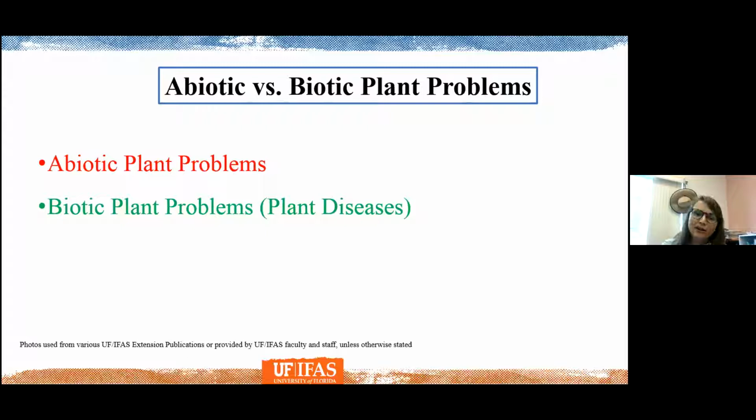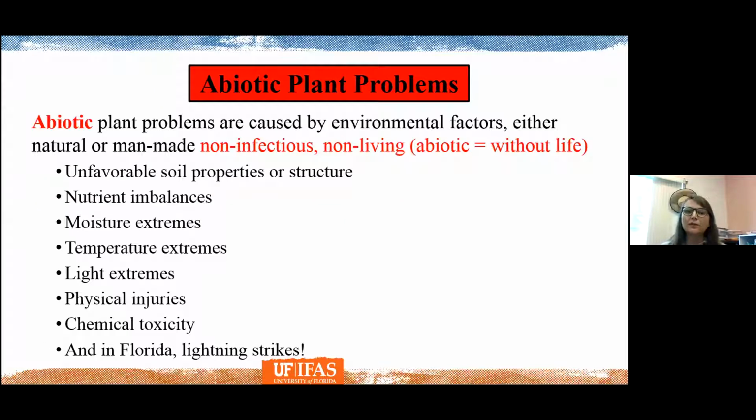Whereas biotic plant problems are usually plant disease caused by a pathogen or pests, especially plant pathogens. So abiotic plant problems are caused by environmental factors that can be either natural or man-made. So they are non-infectious, non-living. So they are caused by something that doesn't have a life. That's the better definition here.